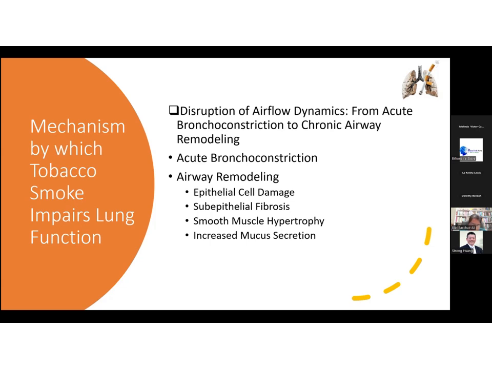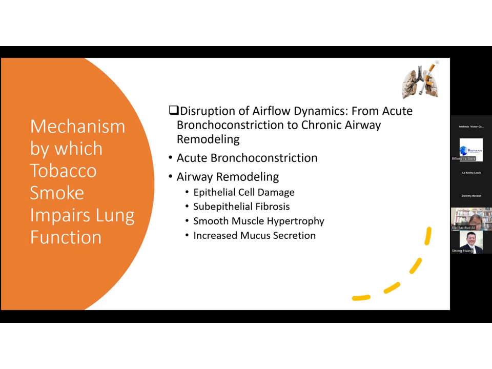In subepithelial fibrosis, the chronic inflammation and tissue damage promote the deposition of extracellular matrix proteins, such as collagen and fibronectin, in the subepithelial layer. This thickens the airway wall, making it less flexible and further narrowing the airway.